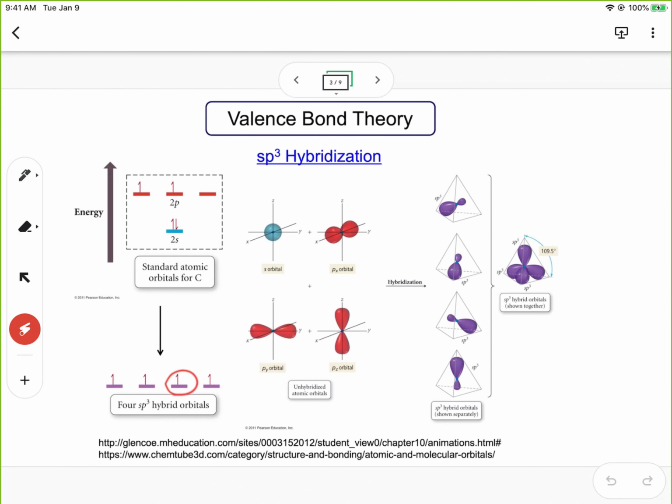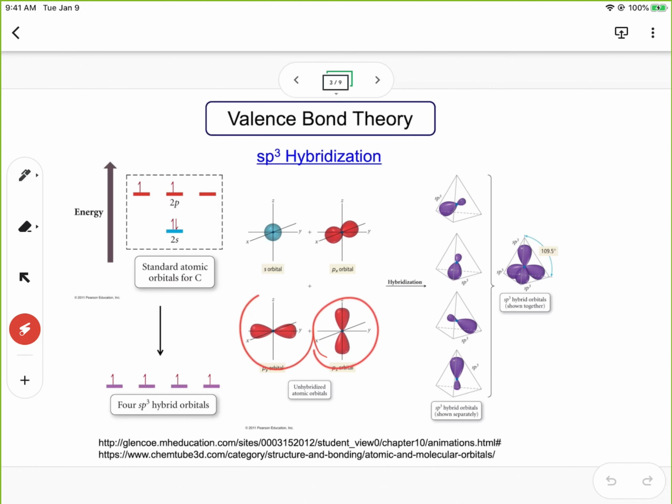Okay, will be identical. And here, this is the regular s orbital and the three 2p orbitals. And after hybridization, you have four identical hybrid orbitals. And when the four electrons on the four hybrid orbitals interact with the four hydrogens, they will form tetrahedral geometry.